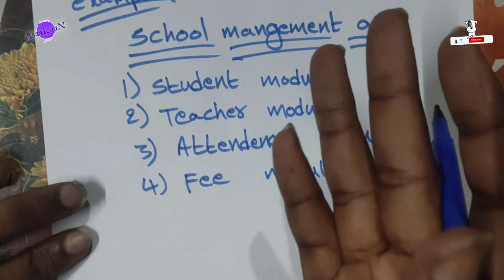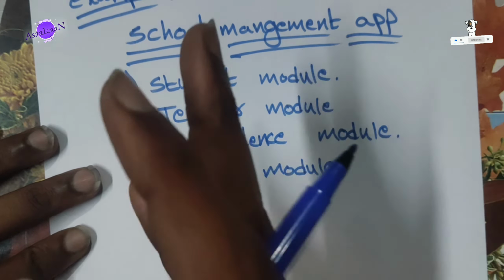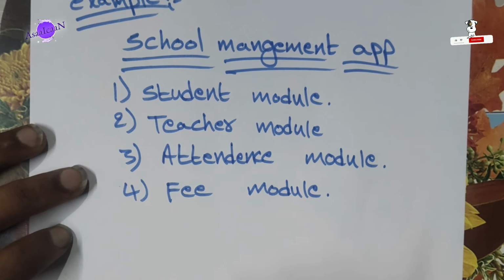Where each module works independently, but together they form the complete system. That's it. So now see the next one. I think everyone understands it.